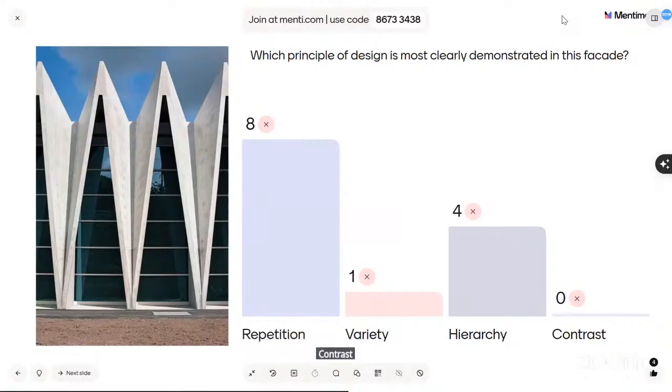Contrast could have been. So it is a combination of repetition and contrast. So the pattern is repeating with a contrast of glass and concrete. Glass and concrete is a transparent and opaque material which is contrast. But there is definitely no hierarchy here.